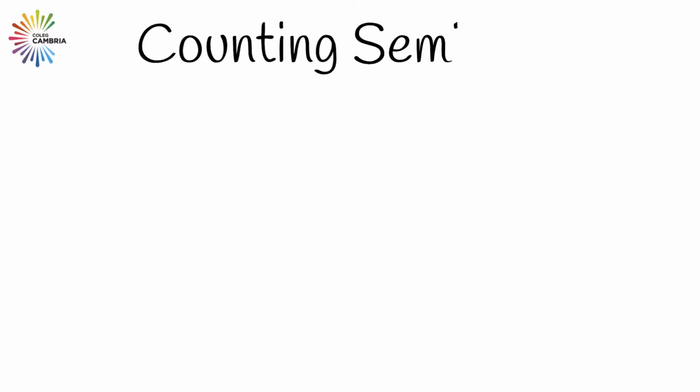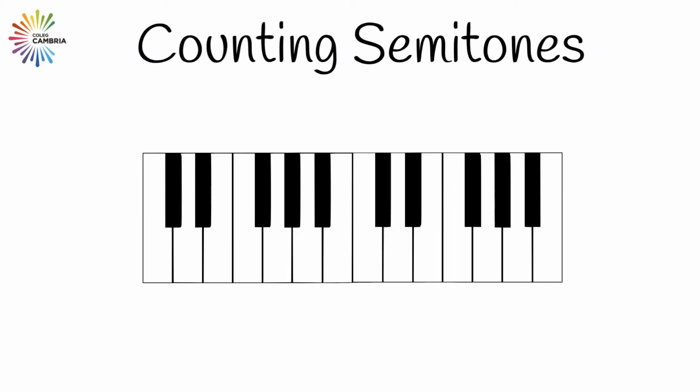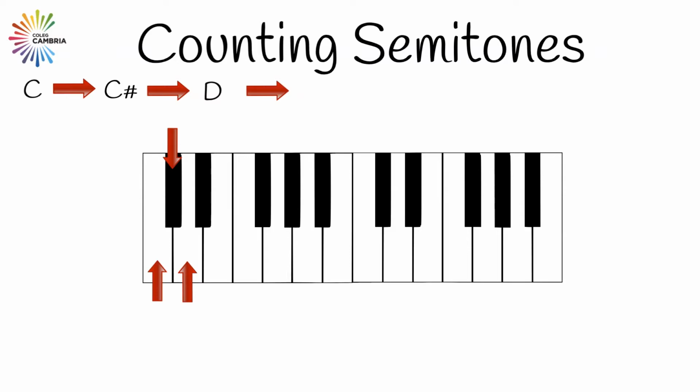Before working out different types of chords and chords on other notes, there's another piece of information that we need to know, and that's how to count semitones. The easiest way to do this is to look at a picture of a piano, or a piano in your mind. To start on C, we count up a semitone, that gets you to C sharp. Then up another semitone to D, up another semitone to D sharp, then up to E. Now between E and F on the piano there's no black note, so E up to F is a semitone.